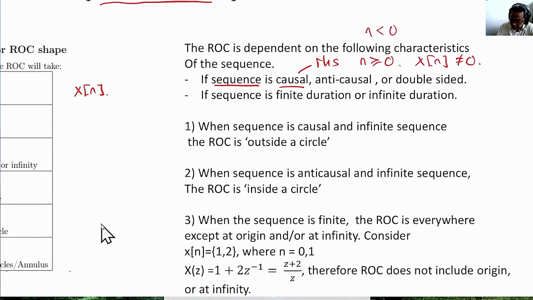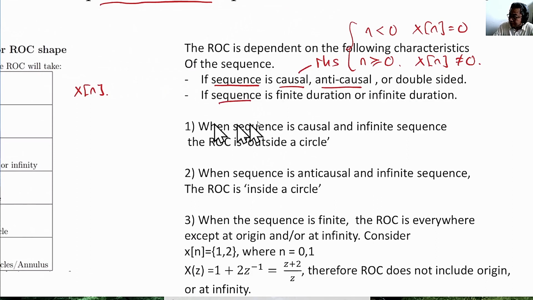N less than 0 implies x[n] equals 0. So causal means that the signal only exists on the right hand side of the discrete time axis. Anti-causal means that it exists only on the left hand side, for time n less than 1, less than 2, and so on. Double-sided means that it is both left side and right side.